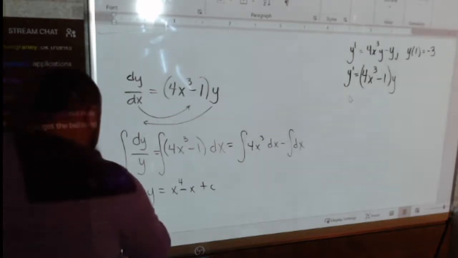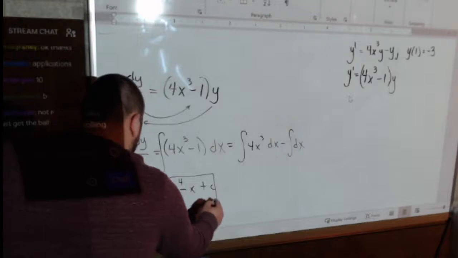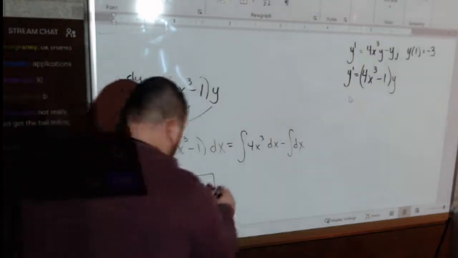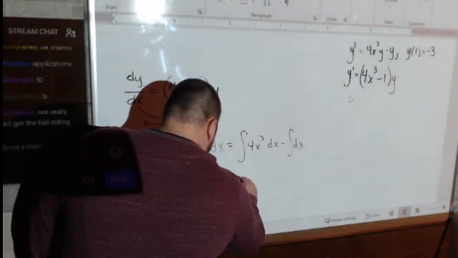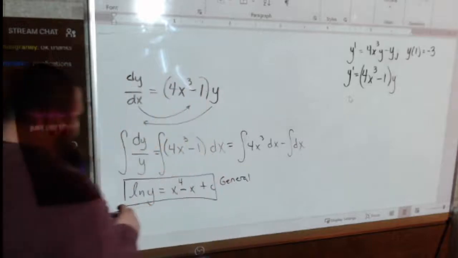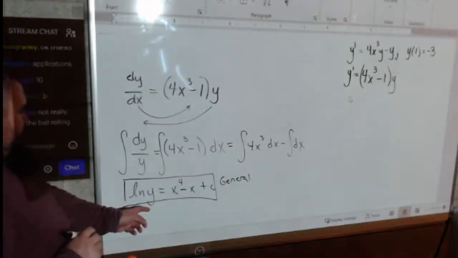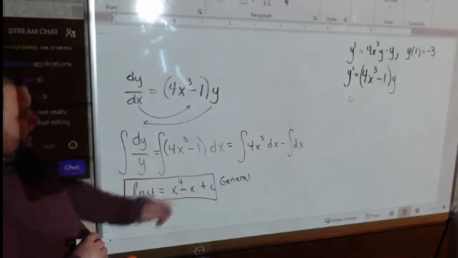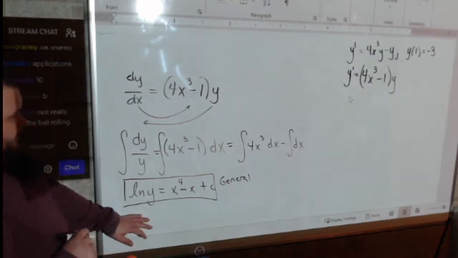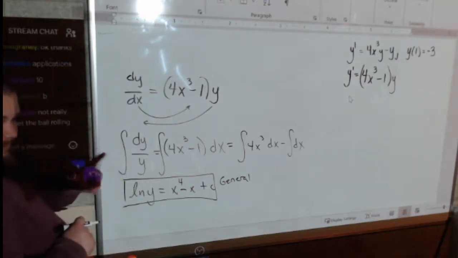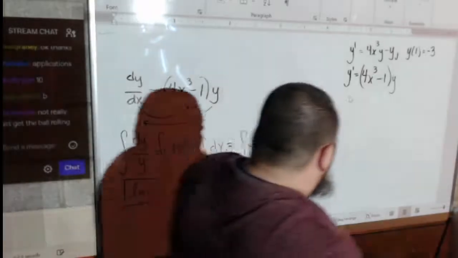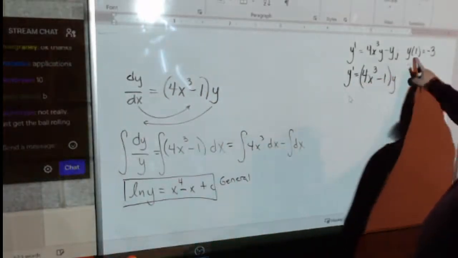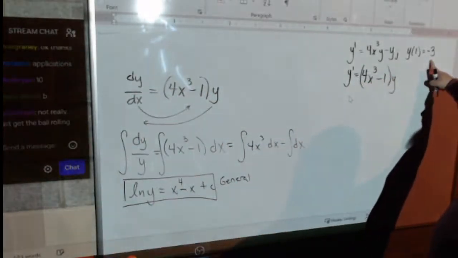So this is good enough for me to be called the general solution. You could easily solve this for y, but we need to get c. So let's go ahead and leave it here and plug in those values that were given. So I got y of 1 equals -3.